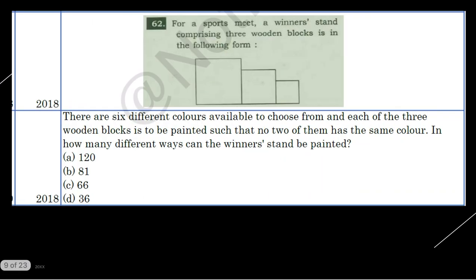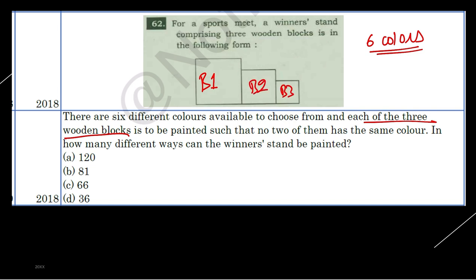Next question. There are 6 colors available to choose from. So how many colors are there? 6 colors, and you have to color 3 blocks. Block number 1, block number 2, and block number 3 have to be painted so that no two of them have the same color.